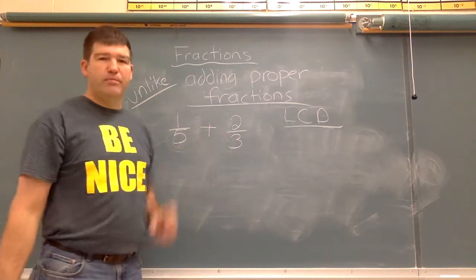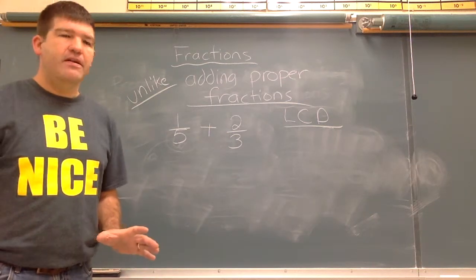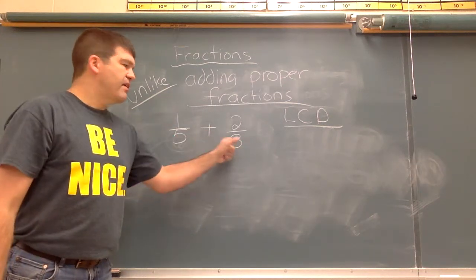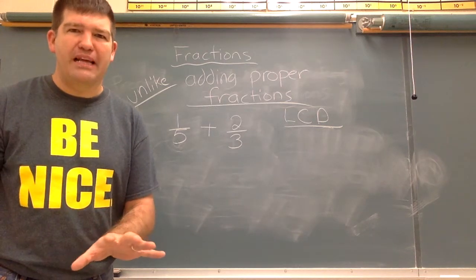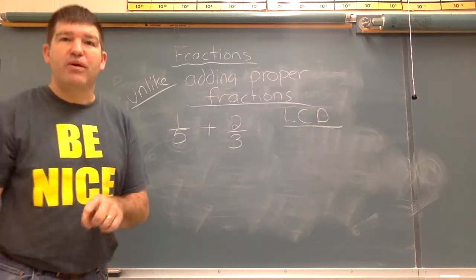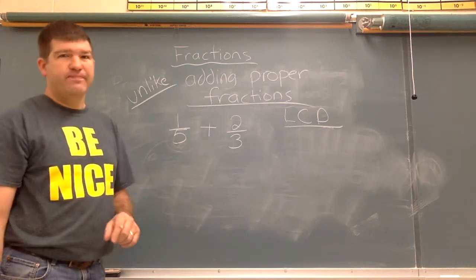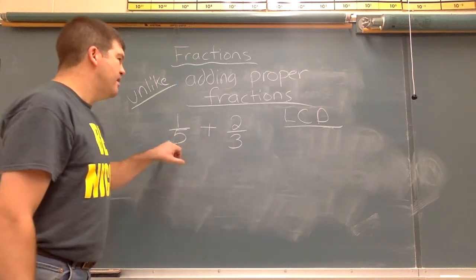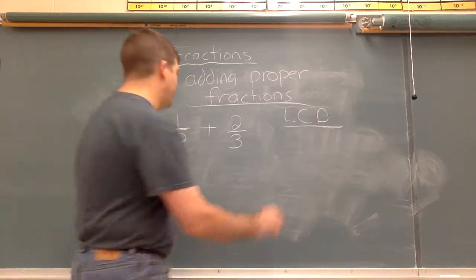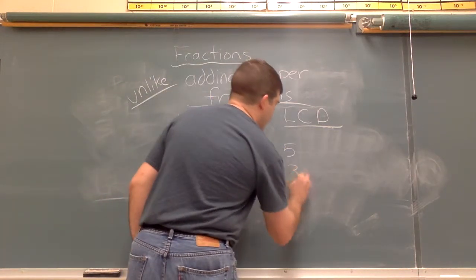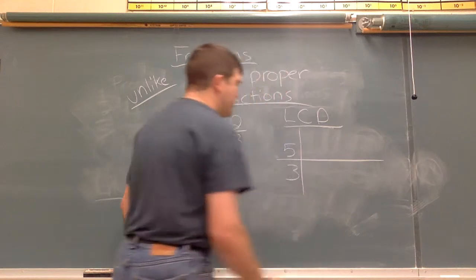Proper fraction, proper fraction. Okay? 5, 3, unlike. I don't like that. I need to make them so I do like them. All right? So, unlike, how do I get it to like? I find the least common denominator. 5, 3, set up my chart.